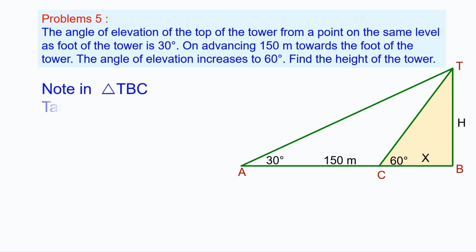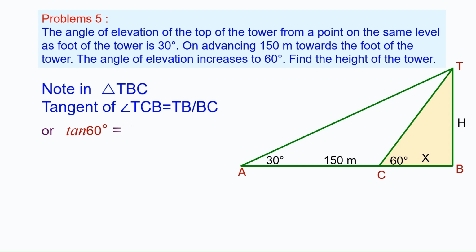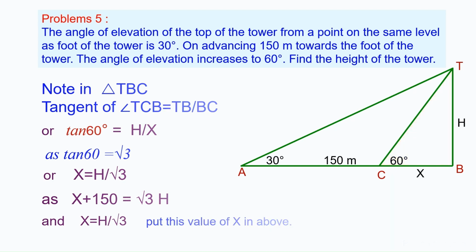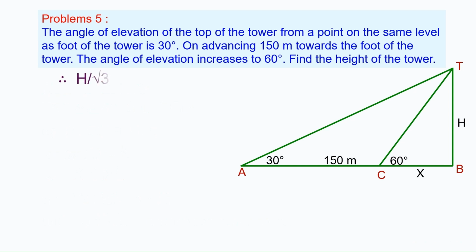Now in the triangle TBC, tangent of the angle TCB equals TB divided by BC, or tangent of 60 degrees equals h divided by x. As tangent of 60 degrees equals root 3, x equals h divided by root 3. Put this value of x in the equation x plus 150 equals root 3 times h.